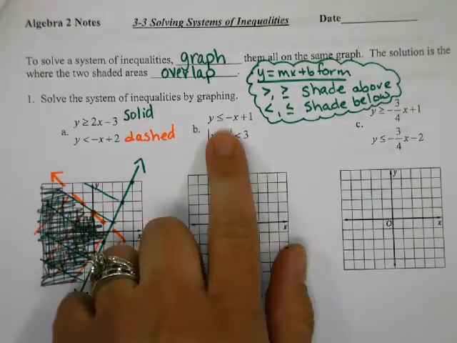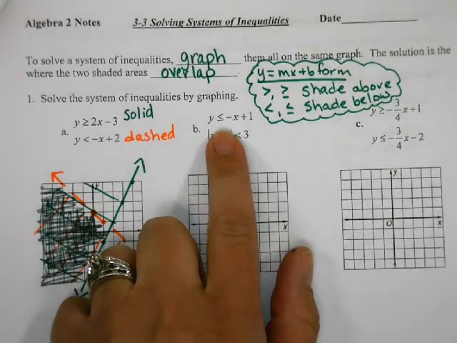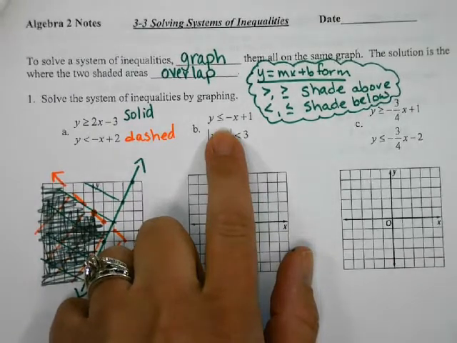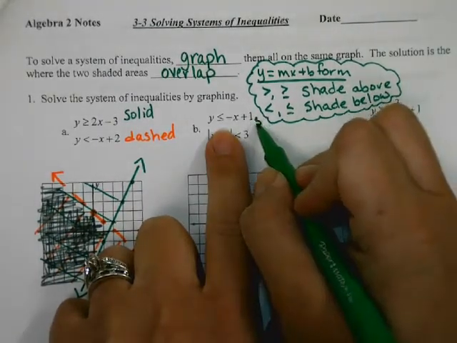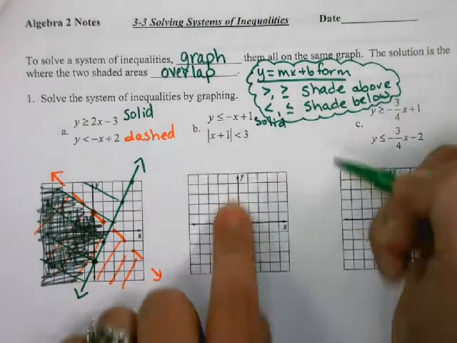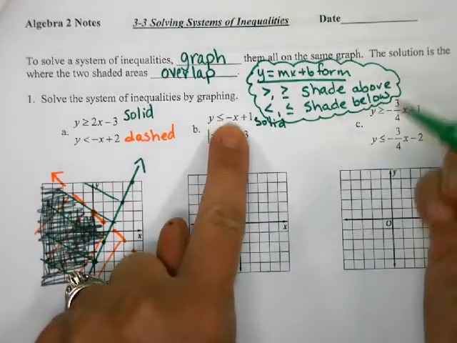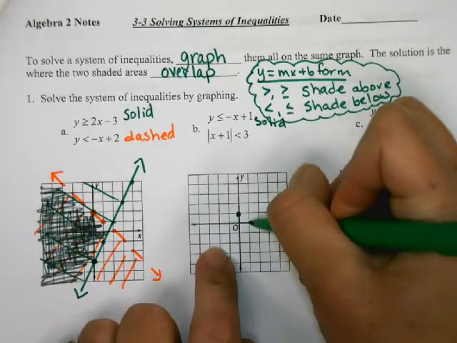Okay, so look at the next one. Y is less than or equal to negative x plus 1. Solid or dashed? Solid. So I'm going to start at positive 1. And my slope is negative 1. So down 1, right 1.